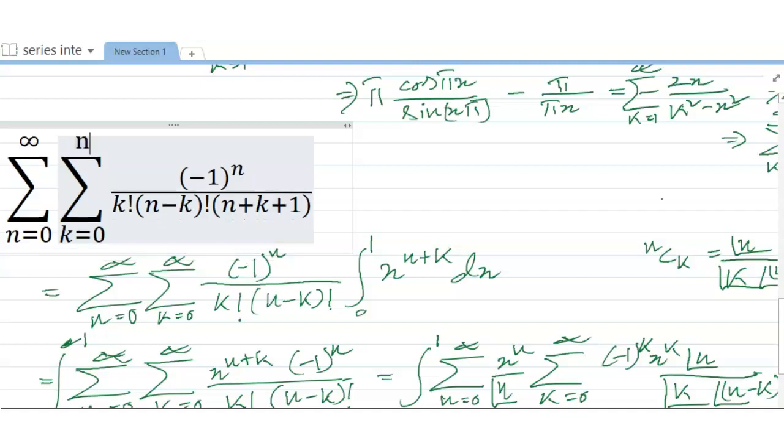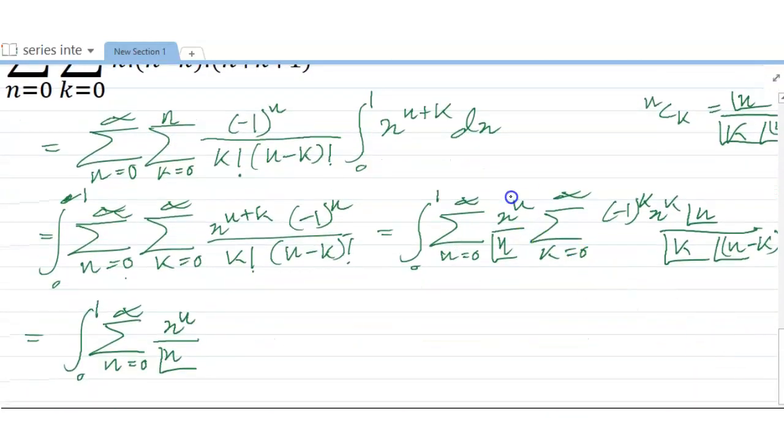This is n and this portion is n, and this is n and this is n.